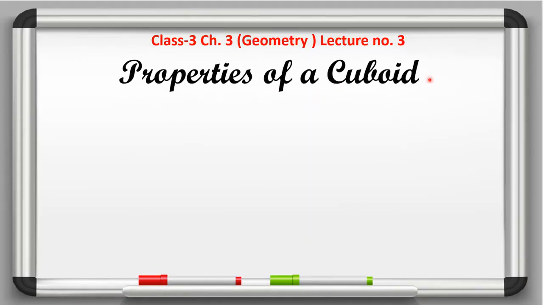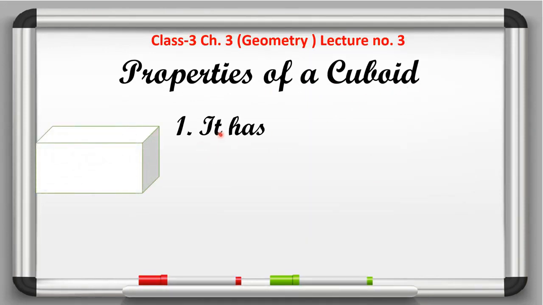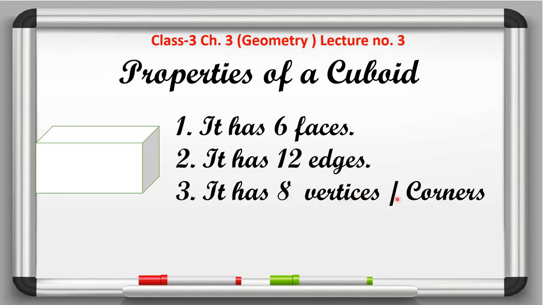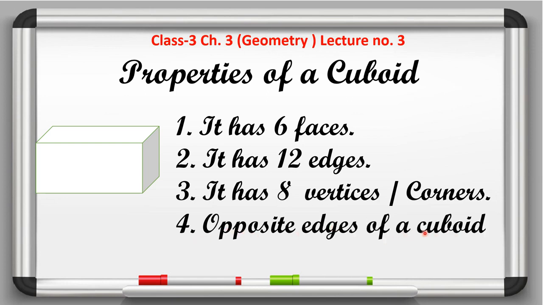Properties of a cuboid. So this is a cuboid. Here, number one, it has 6 faces. Number two, it has 12 edges. Number three, it has 8 vertices or corners. Okay. Number four, opposite edges of a cuboid are equal.